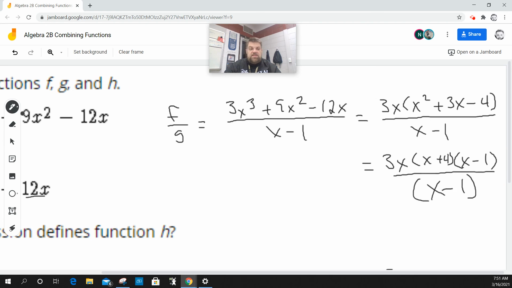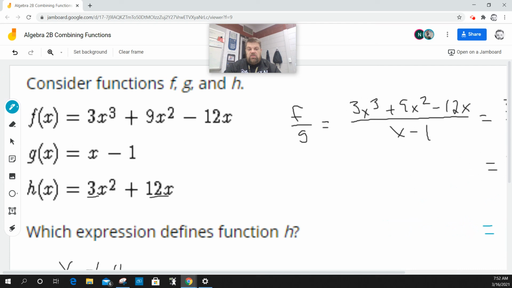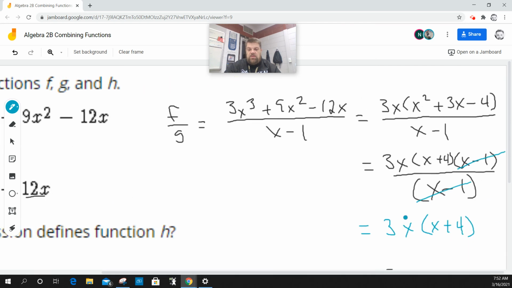Now the beauty of this is that now that I've done my prime factorization, this will cancel with this. So I'm left with 3x times x plus 4. But if you look in our multiple choice answer for h, that's not quite exactly what I have written down. So what I'm going to have to do is multiply this through.